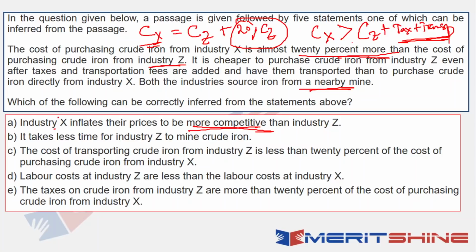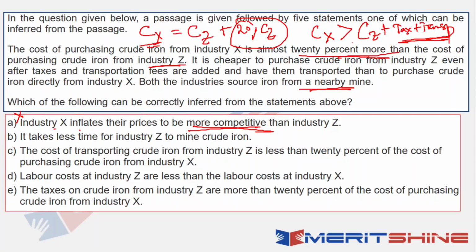So this gets eliminated anyways by the inherent lack of logical consistency in it. But even if you look at it from the perspective of a simple option, it can be eliminated, because it says that industry X inflates their price. So if it is inflating the price or not, how do we know that?